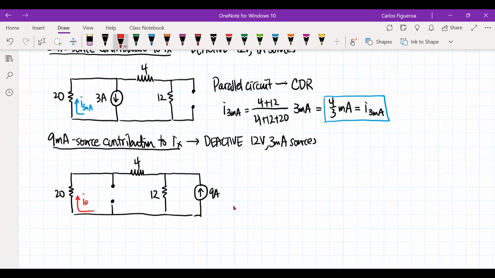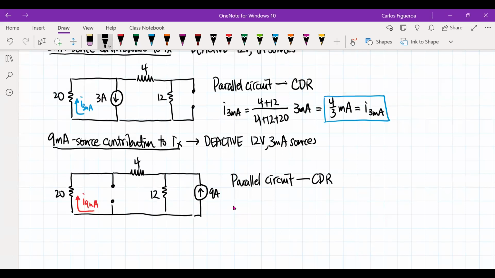So this is going to be the 9 milliamp contribution, and you can see that it's going to be opposite of the 9 milliamp source. But either way, it's still a parallel circuit, so I'm going to use CDR again.